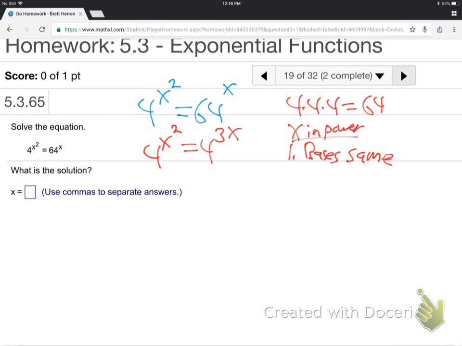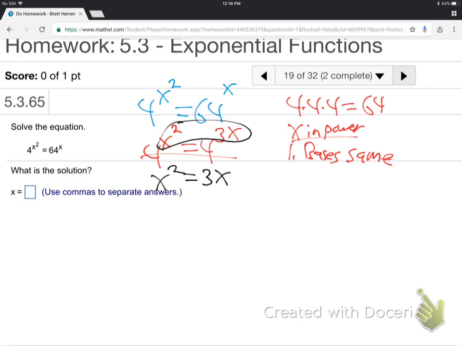And now, just cut out the bases, so to speak. Just set the powers equal. Everybody good to there? So we make the bases the same, and then we can set the powers equal. Because if 4 to something equals 4 to something, those somethings, those powers, must be equal, right?